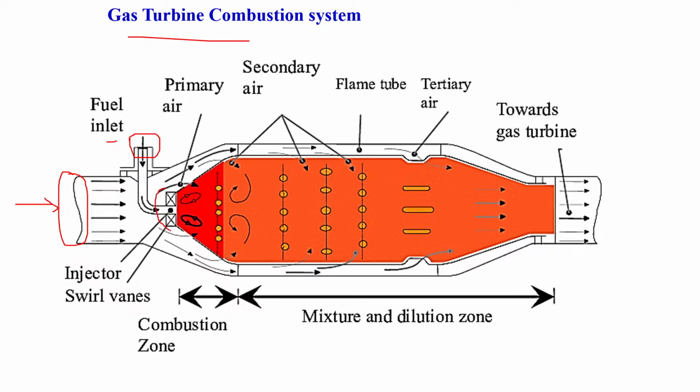Here we can see the swirlers. Swirler vane or swirler, whatever we call it, and in the center we can see the injector or atomizer. These are the main important components of the burner system.